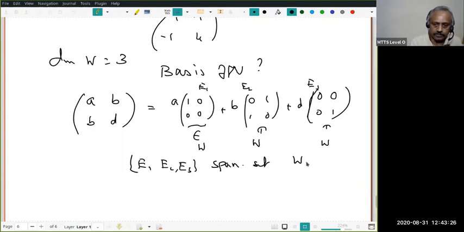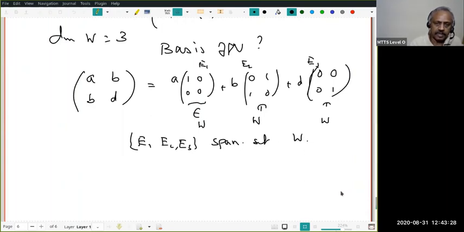for W. And you have to check whether they are linearly independent to show it's a basis. That's very clear, because let us say A times E1 plus B times E2 plus D times E3 is 0. That means this is the zero matrix. What is this?